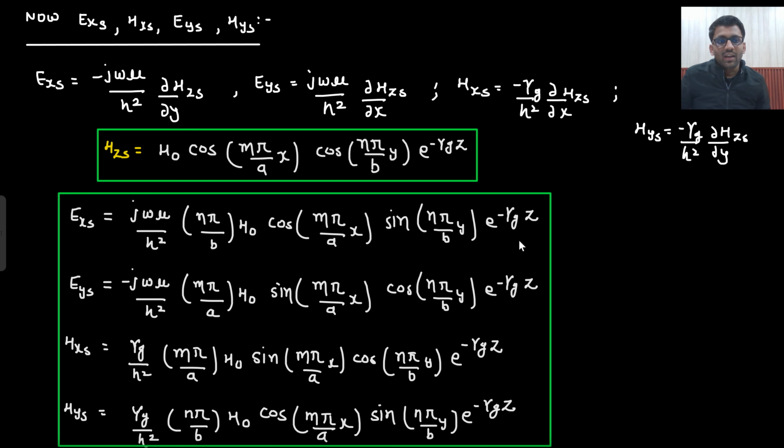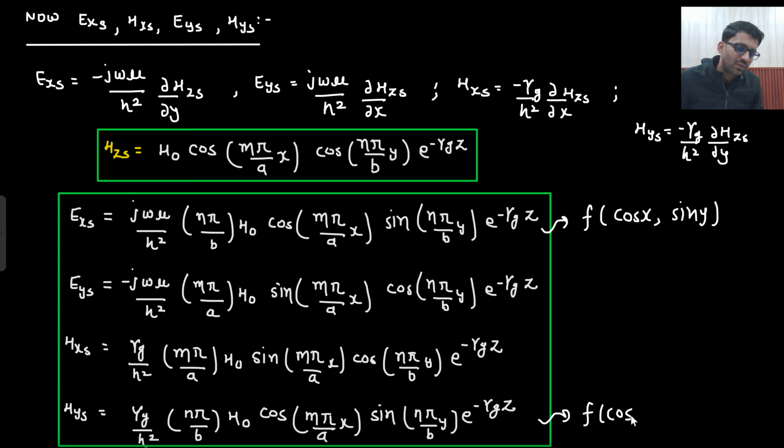In the TM mode, what have we studied? In TM mode, this was a function of what? Cos x sin y. Is it the same here? Yes, cos x sin y. So that is something good for you, that you do not need to remember different things. Here it is a function of cos x sin y. So certainly Ex is a function of cos x sin y. So certainly Hy is also a function of cos x sin y.